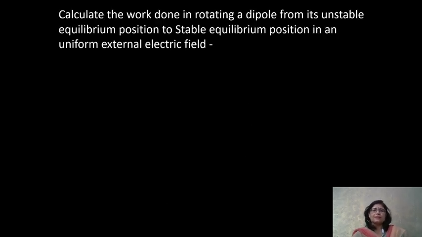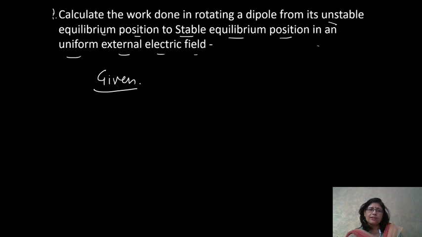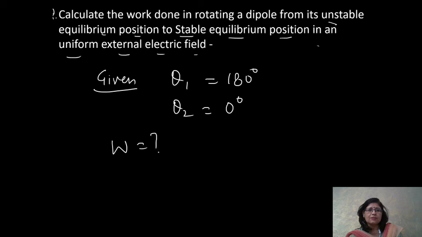Now in the second question, it is being asked, calculate the work done in rotating a dipole from its unstable equilibrium position to stable equilibrium position in a uniform external electric field. Again, given quantity theta 1 is unstable, so it is 180 degree, to stable equilibrium, that is 0 degree, and you have to calculate the work done, and W equals what?